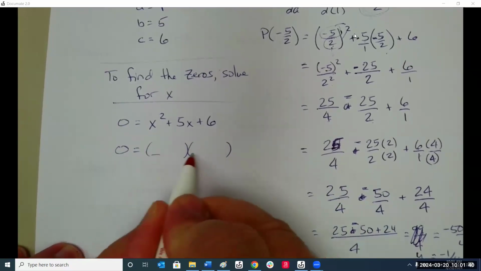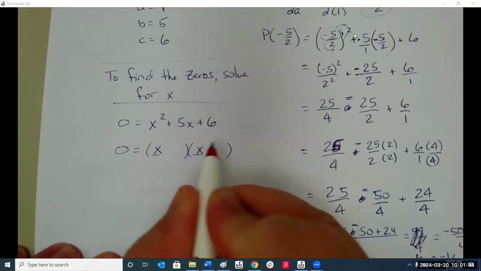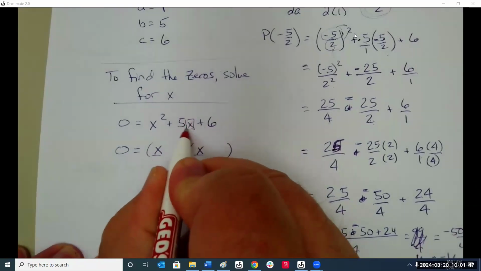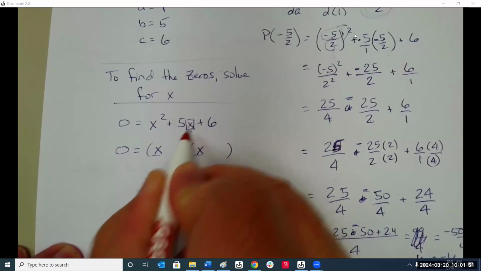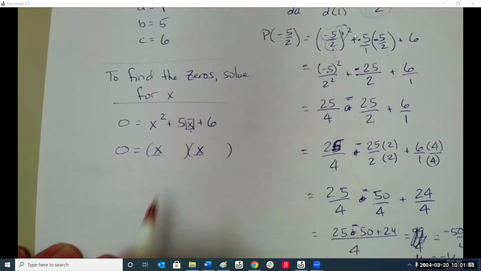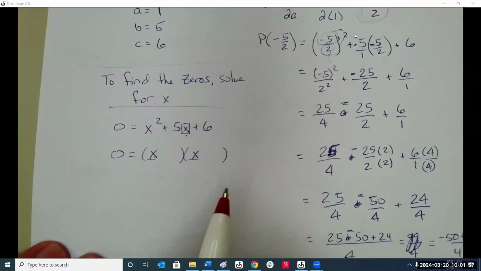What goes in the first space? X and X. Remember, what goes in the first space is what's in the middle. Since it's x squared, we know X and X go there. What signs go in there?